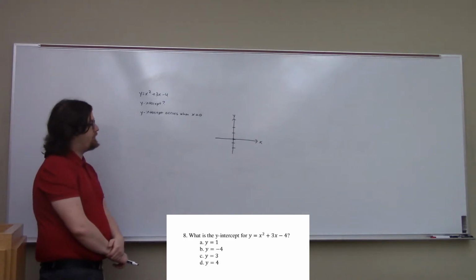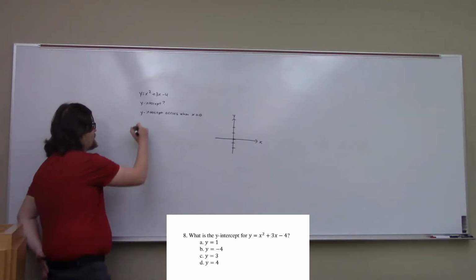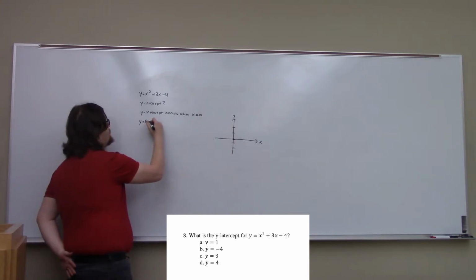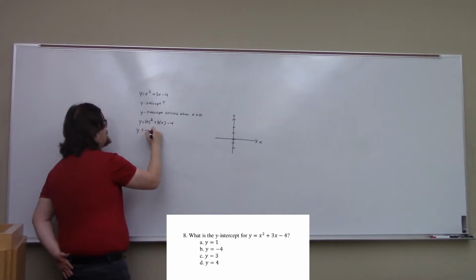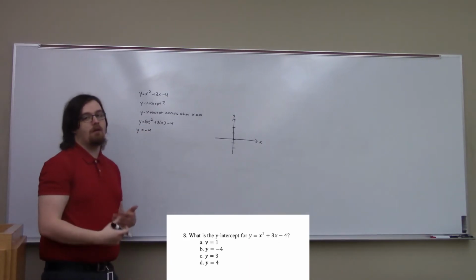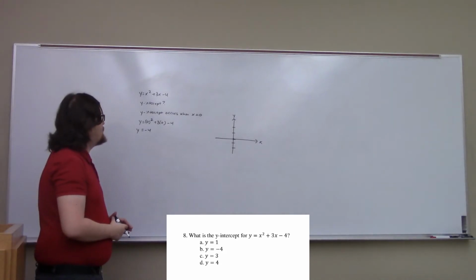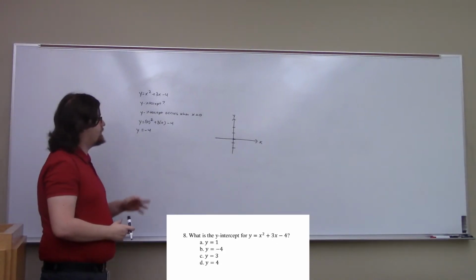That being the case, if we plug 0 into our equation, y is equal to 0 squared plus 3 times 0 minus 4, we will find that y is equal to negative 4. So very simply, by plugging in 0, we find that y is equal to negative 4.